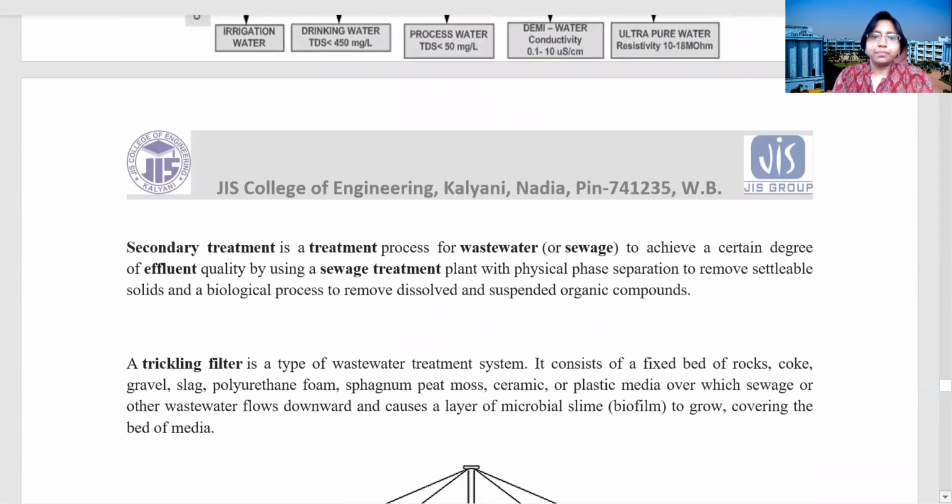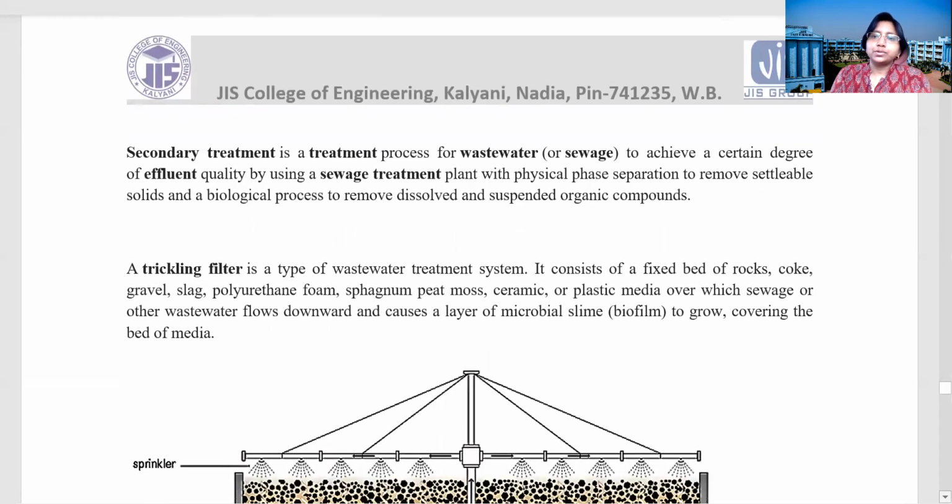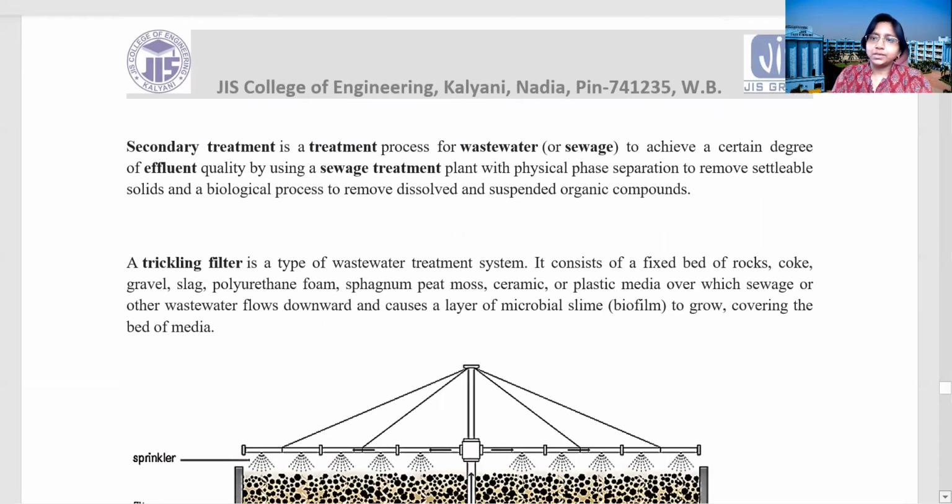Secondary treatment is a treatment process for wastewater to achieve a certain degree of effluent quality by using a sewage treatment plant with physical phase separation to remove settleable solids, and a biological process to remove dissolved and suspended organic compounds. Okay, there are different procedures.